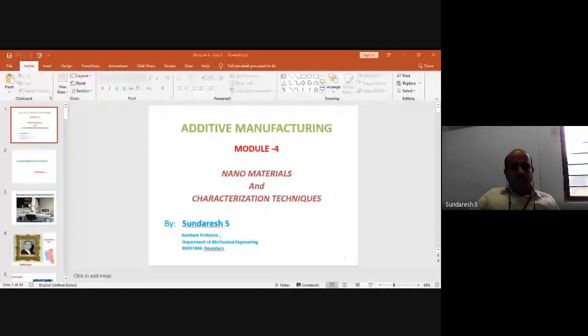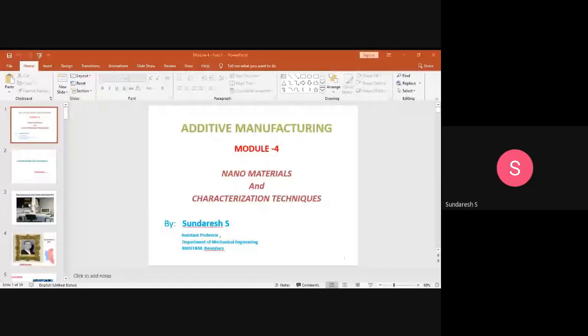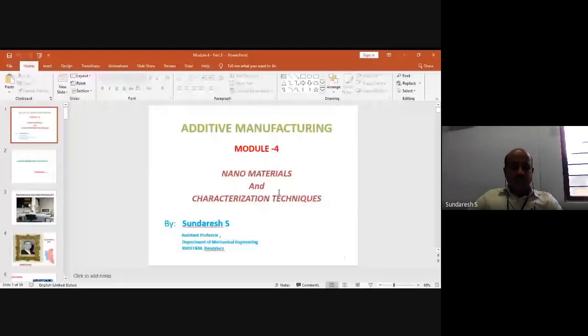We're going to start class with different concepts. One is nanomaterials and characterization techniques. I think in that class we were just about started with the characterization technique.